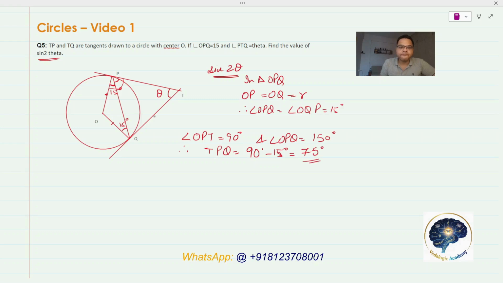So this is clear. If this is 75, we don't even need to find this 15 actually. TP and TQ are two tangents coming from the same point, which is T, right? So angles they are subtending in this circle, again they will be the same. So in triangle TPQ, angle P is 75, TP equals TQ, because these are tangents from the same external point.